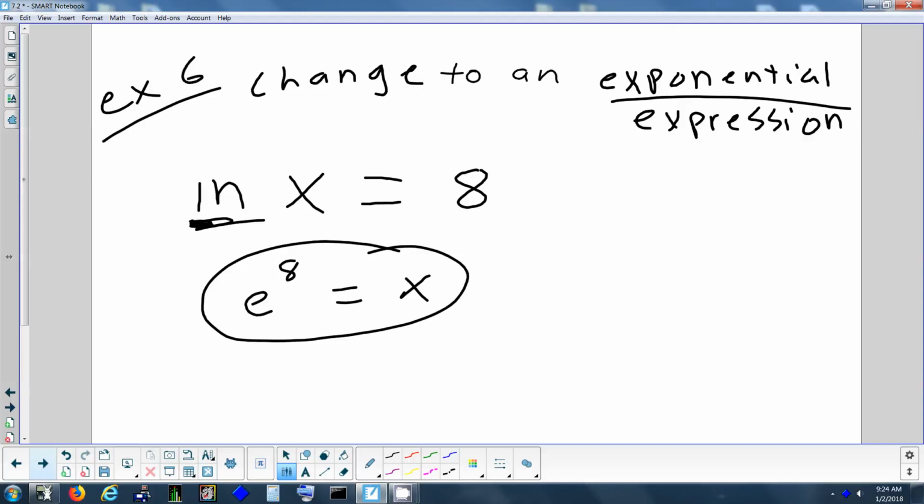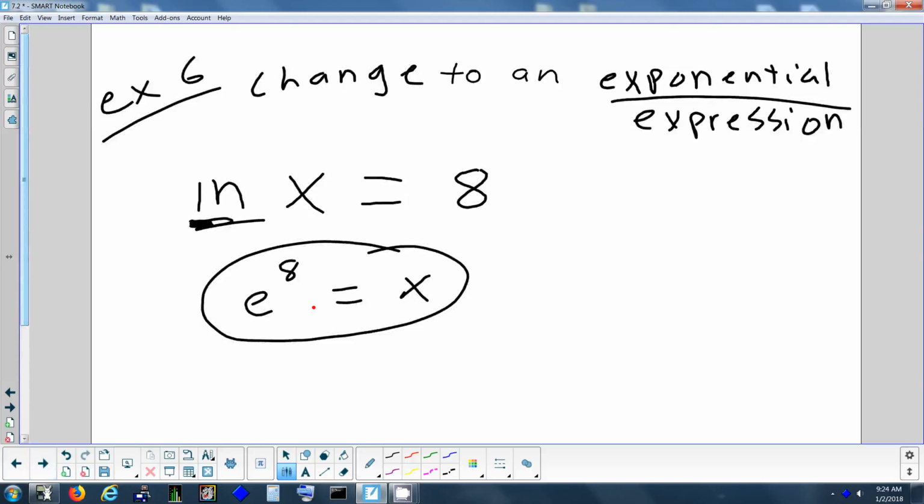Any questions on that? If they want you to do it out, how would I know? It'll say in the directions, change to an exponential, round your answer to 2 decimal places. Any questions on how you would type that in?